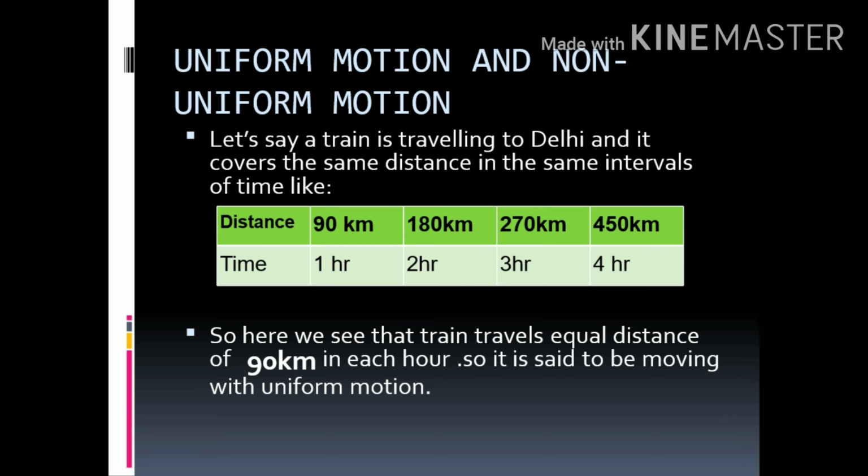That means the train is covering 90 km per hour. That means the speed of the train is constant. So here we see that the train travels equal distance of 90 km in each hour, so it is said to be moving with uniform motion.